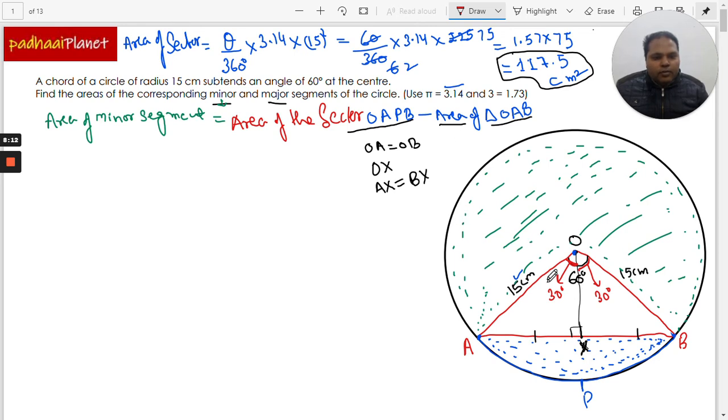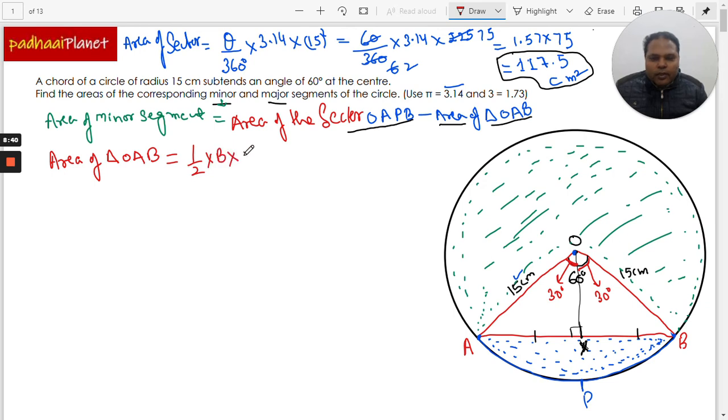So so far we have got this. Now we have to find out the area of this triangle, so we need to find two important sides. We already know the formula for the area of the triangle. The area of triangle OAB is equal to half into base into height.